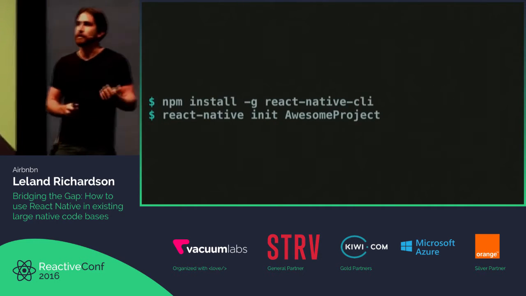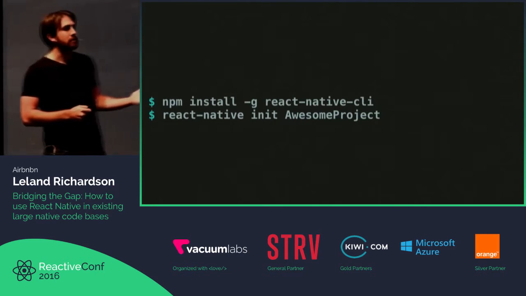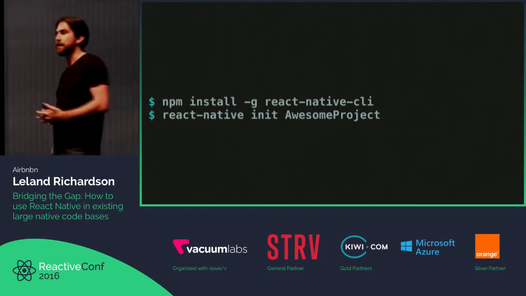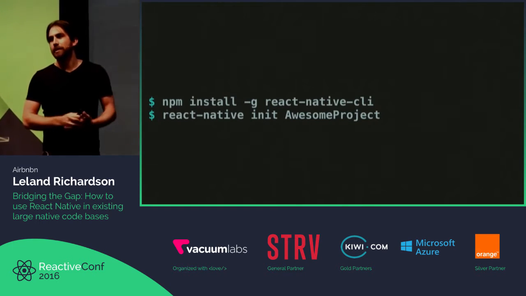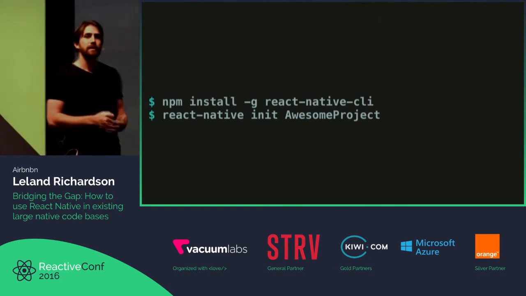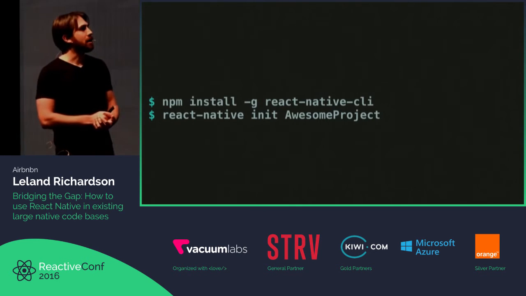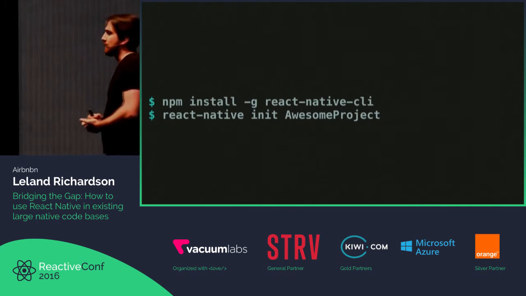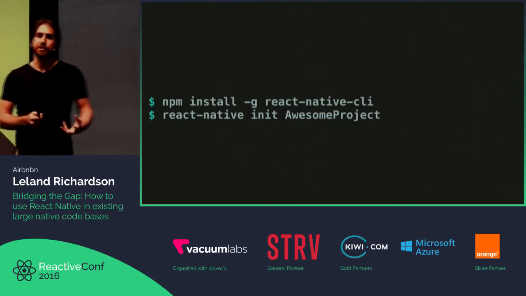It was easy to get started, right? All I have to do is install the React Native CLI and npm, or React Native init, start my new project, and I'm off to the races, right? It sort of starts a template, kind of like Create React App, if you've heard of that. But this works great if you're starting fresh, with a new app.